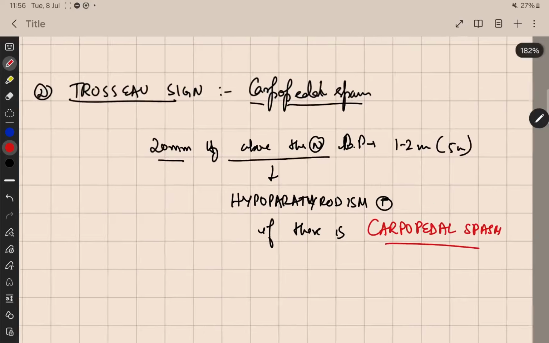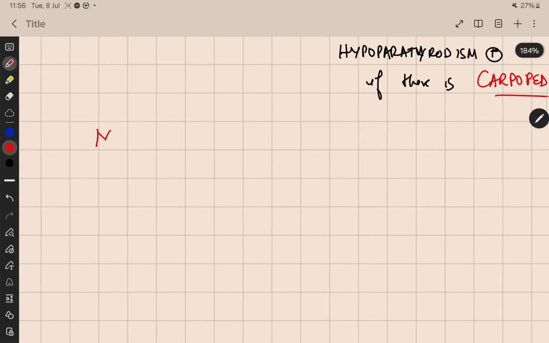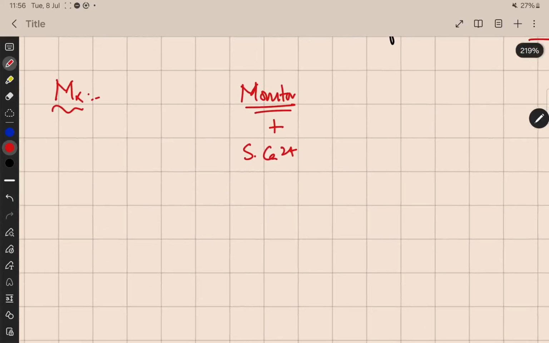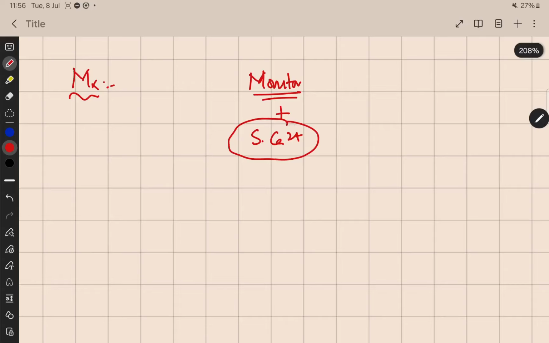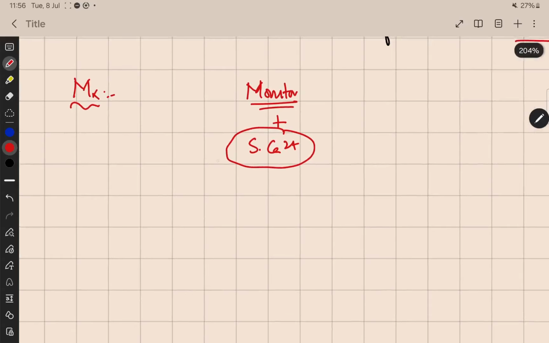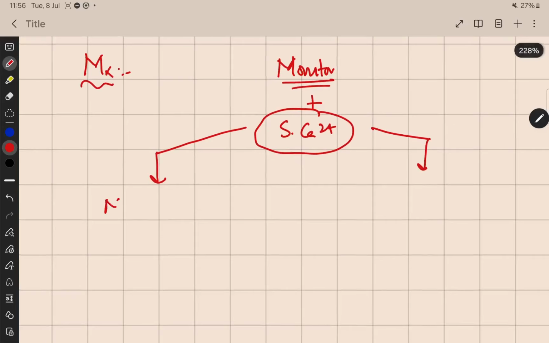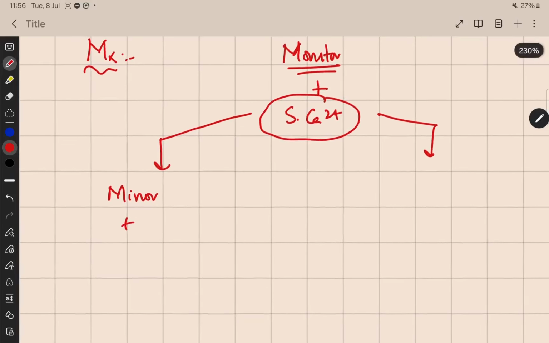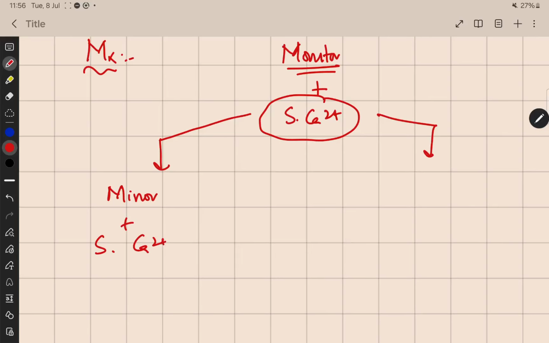Right. So the management of hypoparathyroidism in case of thyroid surgeries is like we have to monitor the symptoms of tetany or any Chvostek or Trousseau sign first, and then we have to measure the serum calcium level. But we cannot wait for the serum calcium level because this is a life-threatening condition. So you have to immediately intervene before the results of the calcium levels. So if symptoms are minor plus serum calcium is more than 8 milligram per deciliter, we will just give oral calcium and oral vitamin D3.